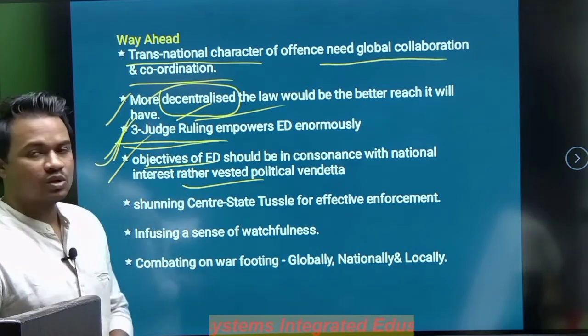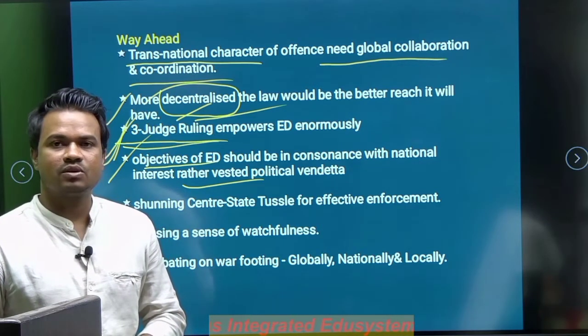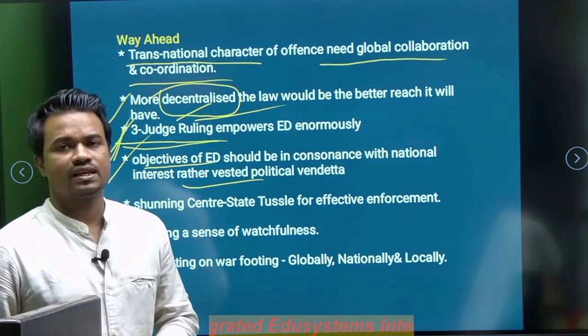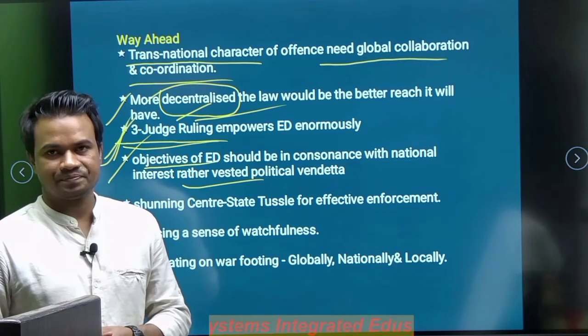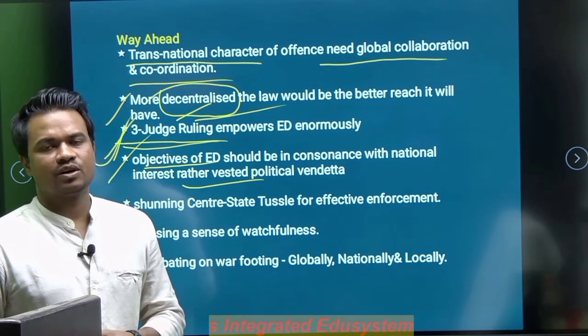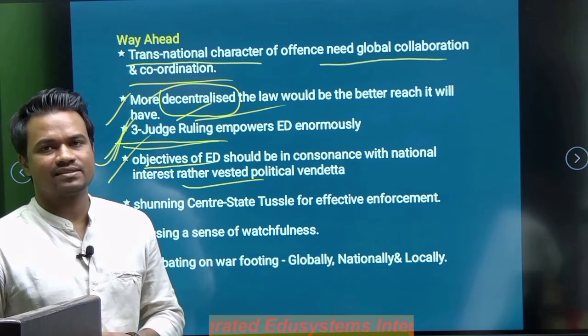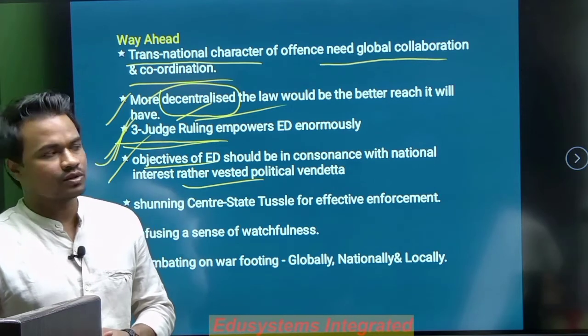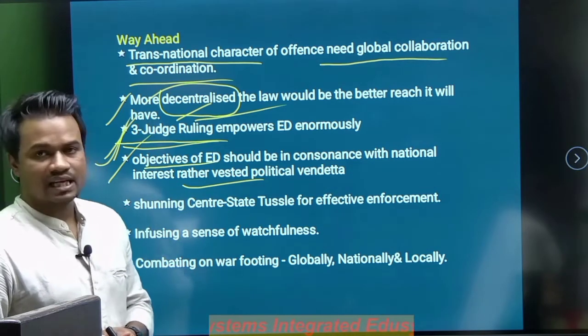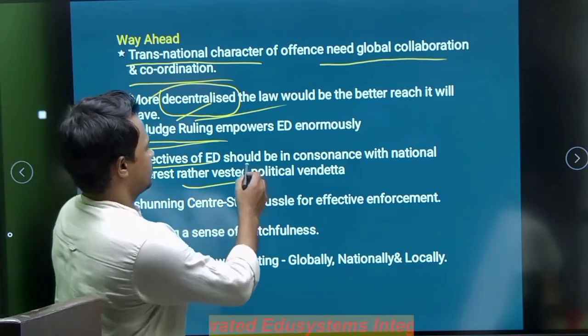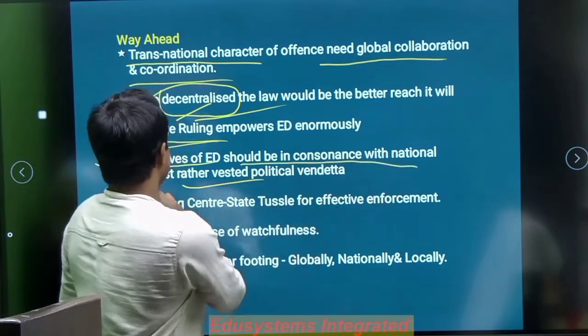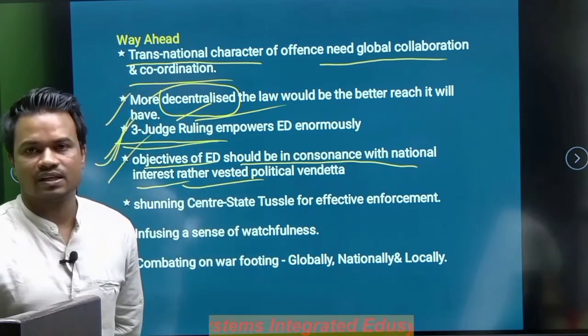Sometimes that is also observed by our Honorable Supreme Court. The ED also sometimes appears to be perceived as a caged parrot. That should not be the reality, and in that view the ED must work in consonance with the national interest rather than vested political vendetta.